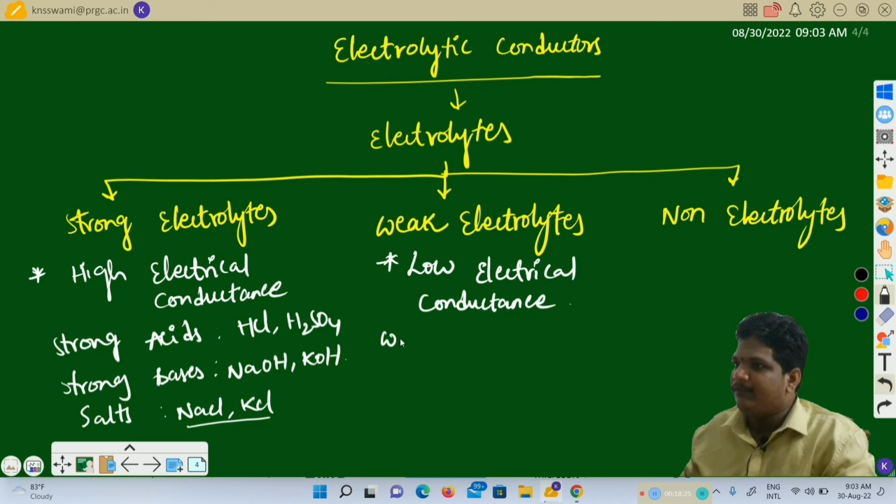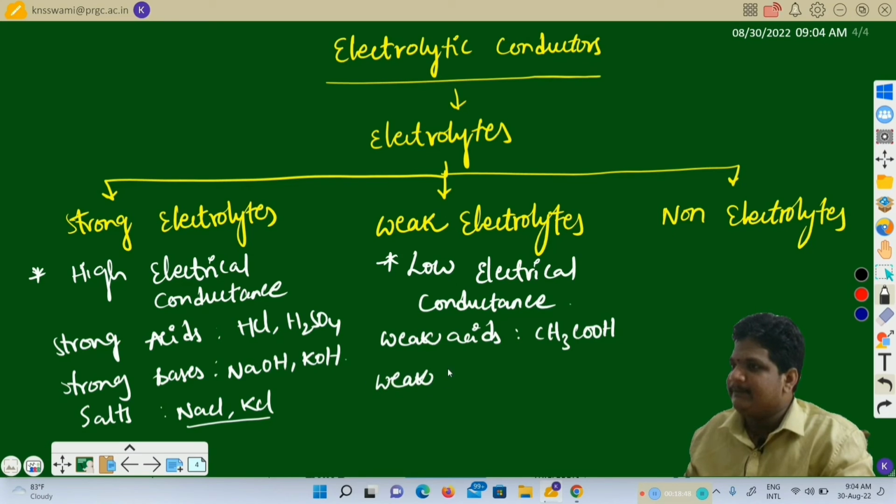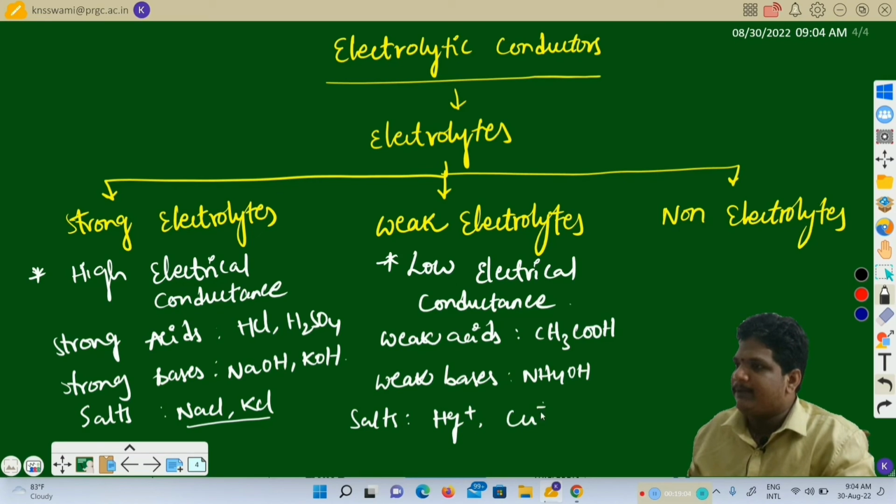For example, weak acids like acetic acid, and weak bases like ammonium hydroxide, and some salts of Hg plus, copper plus and lead.